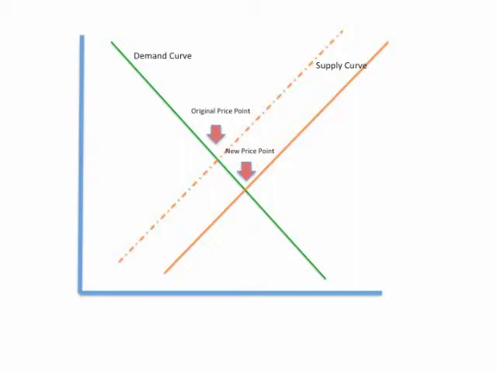This was the original price point that I had as I was operating. As you can see where the arrow is, the original price. Also, the dashed line is that original supply curve, the amount of supply that I was able to provide.